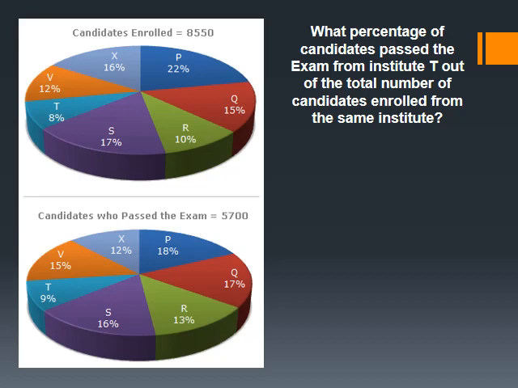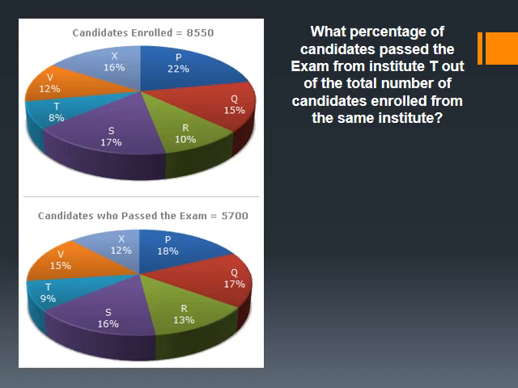We have to look at the candidates enrolled. That is the first chart for the Institute T, and we see that 8%. So 8% of 8,550 will be the total number of students from the Institute T who have enrolled in this exam.